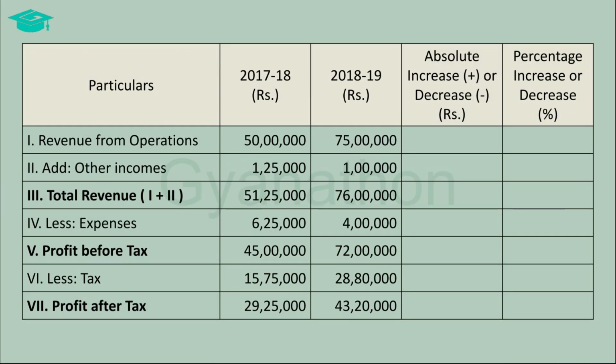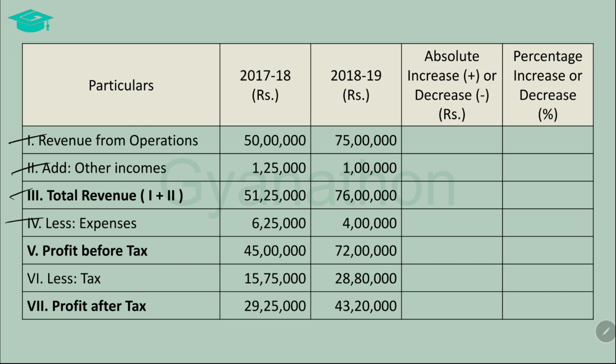Here we can see an example. The figures in the statement of profit and loss are given for the years 2017-18 and 2018-19. As we can see, the revenue from operations is rupees 50 lakhs and rupees 75 lakhs respectively. The other incomes added to the same are rupees 1 lakh 25,000 and rupees 1 lakh. With this, the total revenue for the 2 years amounts to rupees 51 lakh 25,000 and rupees 76 lakhs respectively.